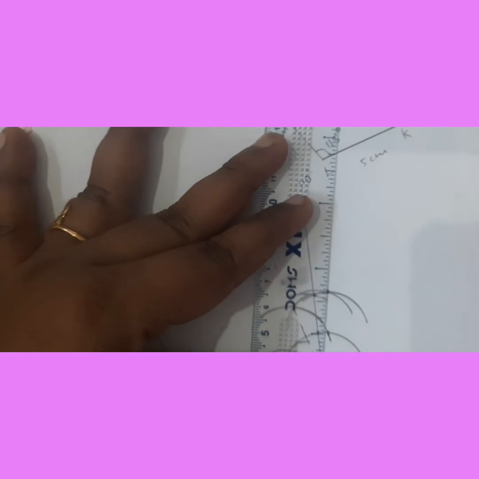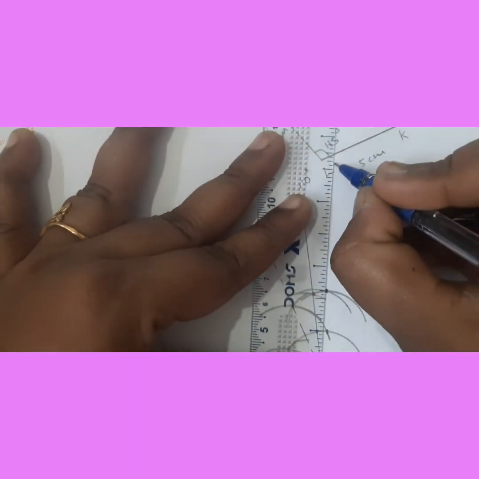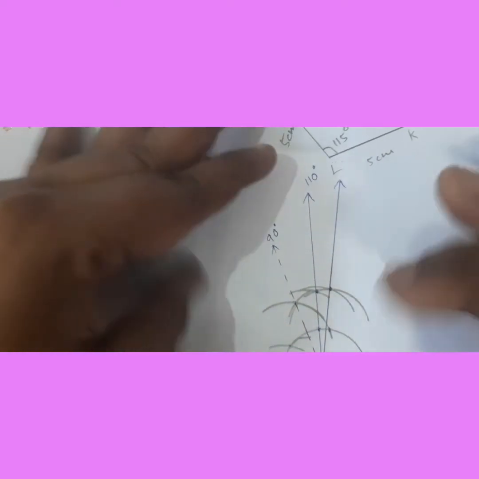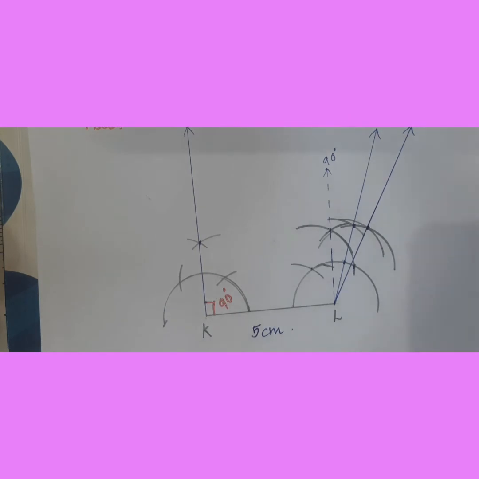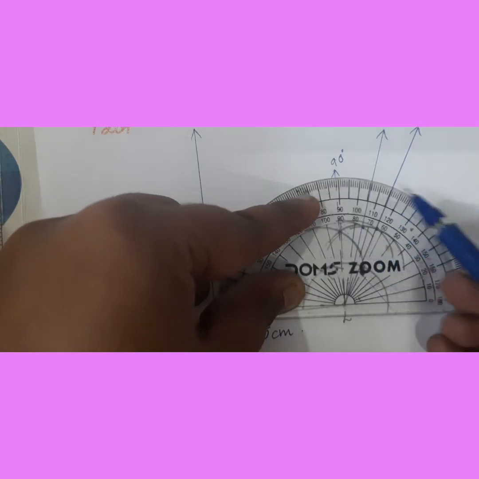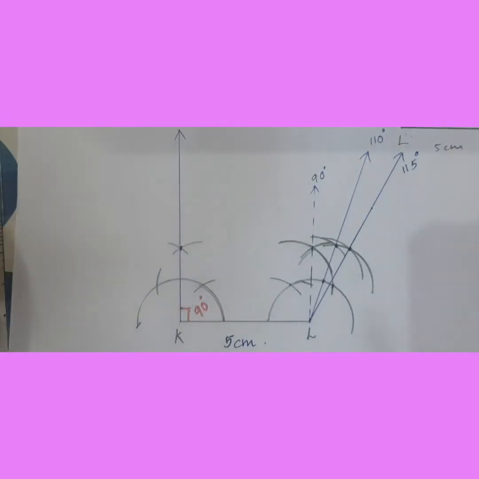So you draw this intersection point and join together one ray. So this ray will be between 110 and 120, 115. This ray will be the 115 ray.